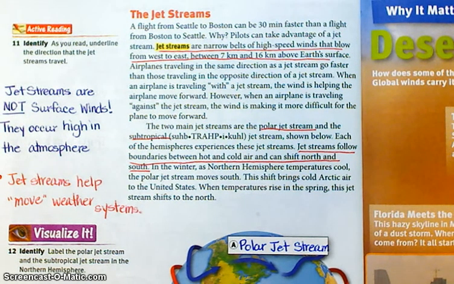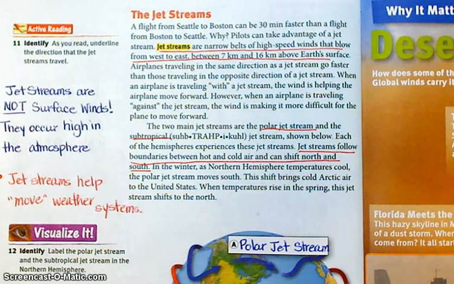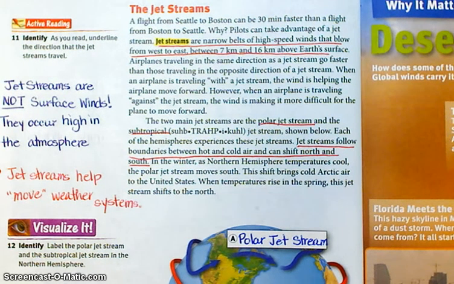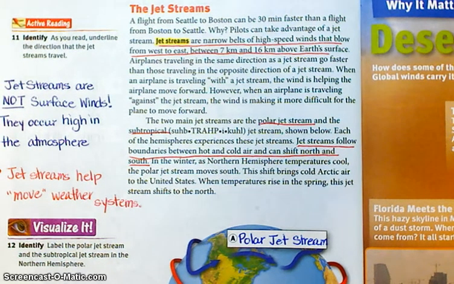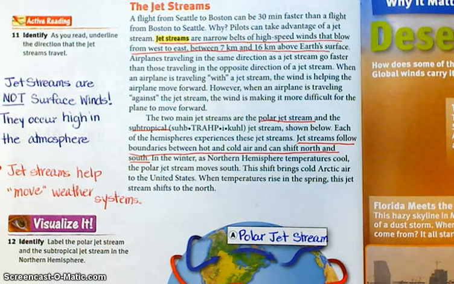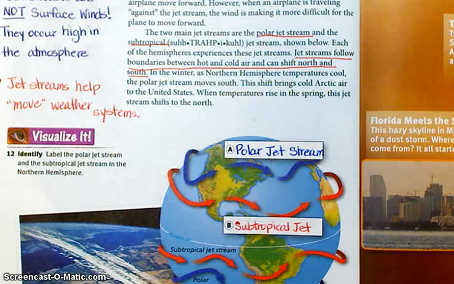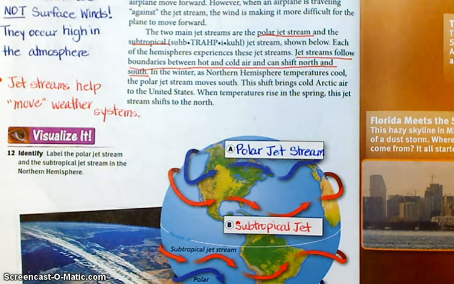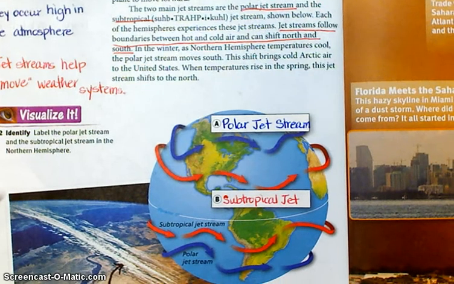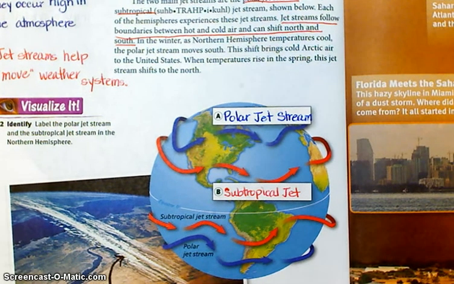There are two main jet streams, the polar jet stream and the subtropical jet stream. Both of them are in each hemisphere. And the jet streams follow boundaries between hot and cold air masses. Now, we're not going to get into how exactly the jet stream is formed and why it's there, things like that.